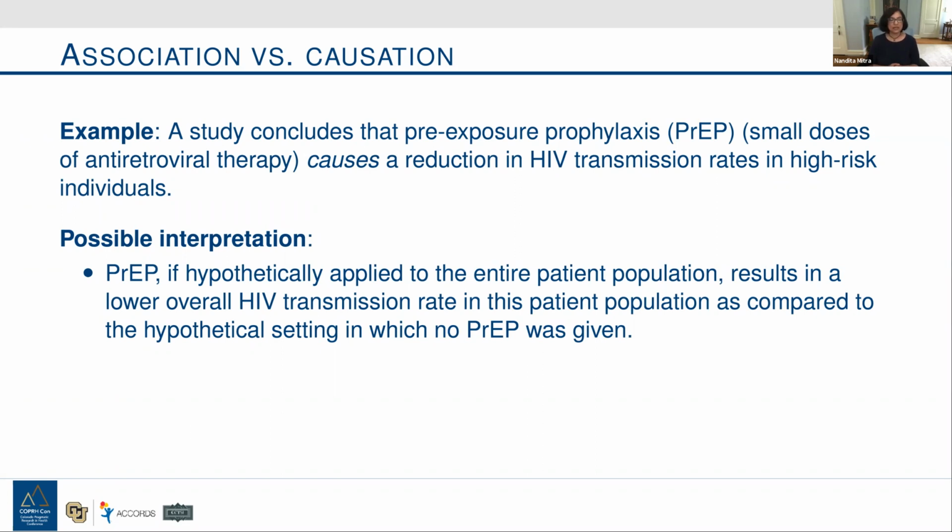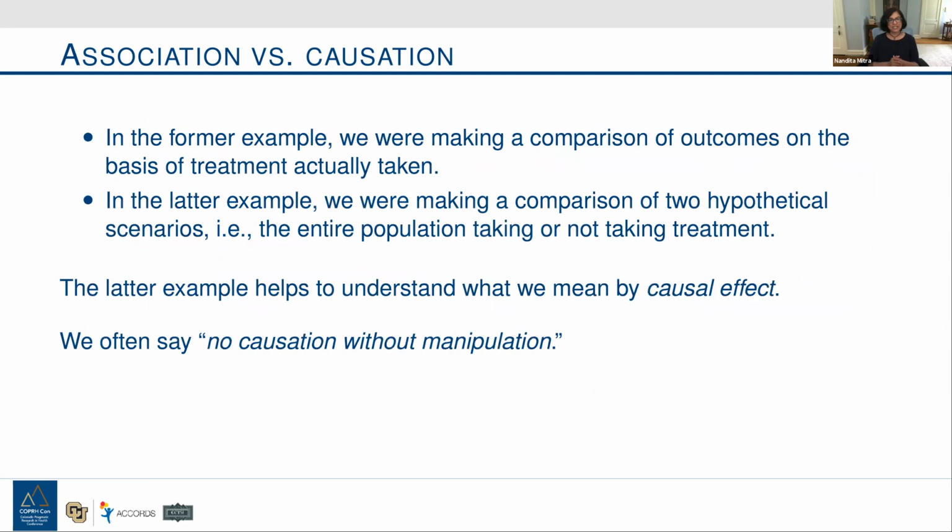So in this case, a possible interpretation is that PrEP, if hypothetically applied to the entire patient population, results in a lower overall HIV transmission rate in this patient population compared to another hypothetical setting where no one was given PrEP. So you can see here, it's a much stronger statement, but there are these hypothetical scenarios that you need to be comparing. So to dig into that a little bit more deeply, I'll present the potential outcomes framework.